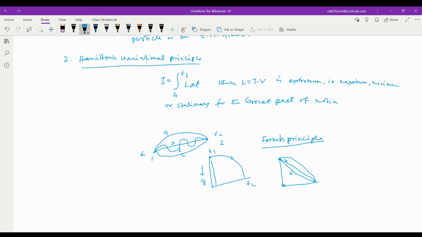coming to derive Lagrange's equation from variational principle. So this is our last topic today. Lagrange's equation from variational principle.